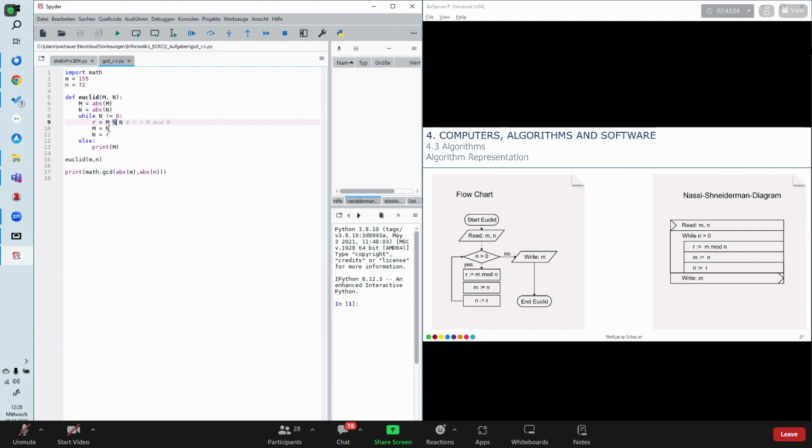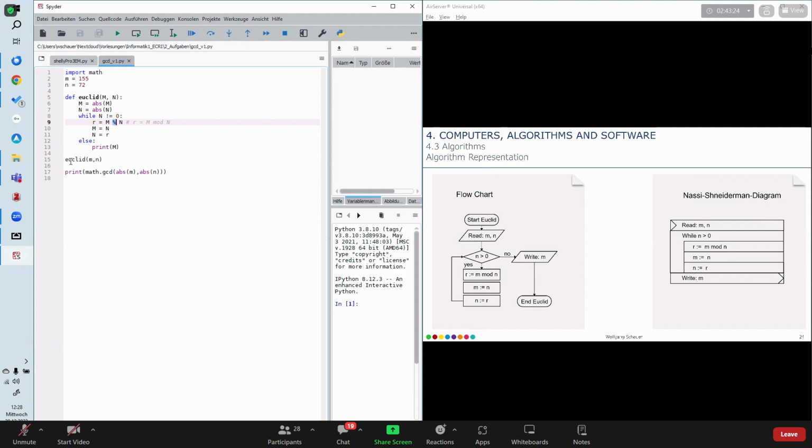Then my m is becoming my n, and n is becoming r. And if the first condition is not fulfilled, I'm printing m, because m is then my greatest common divisor. So if it is not fulfilled, write m. And that's the end of the function.